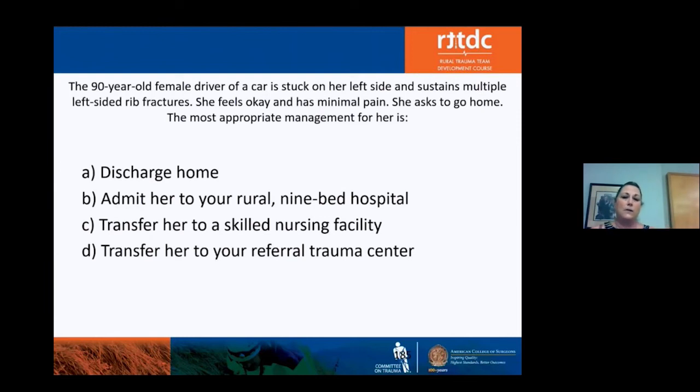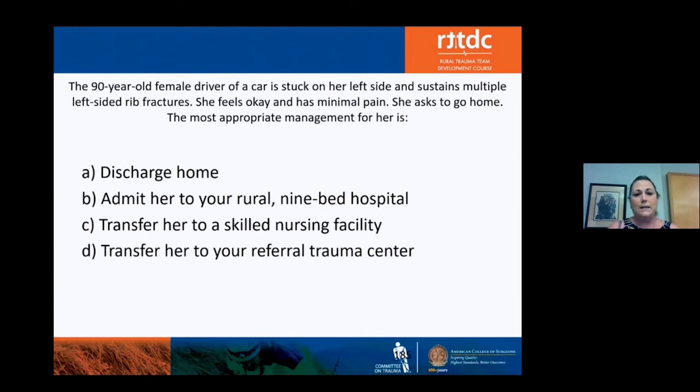But as we look at that geriatric patient that already has poor pulmonary reserve, they have rib fractures, they're not going to be able to take a deep breath. Their pain is not going to be controlled. Sending them home, they're going to decompensate at home. So discharge to home is not the appropriate way to go with this patient.